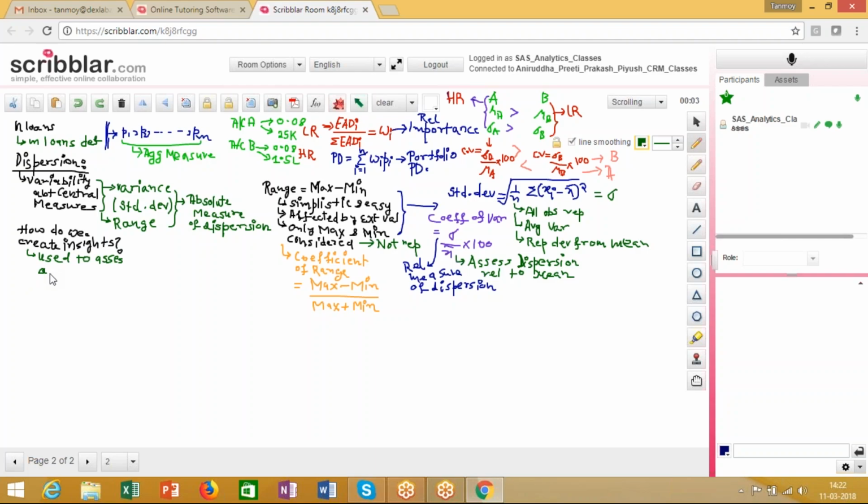So when I talk about using these to assess the shape or the properties of a distribution, the first and foremost concept that we need to explain over here is what exactly a distribution is, right?